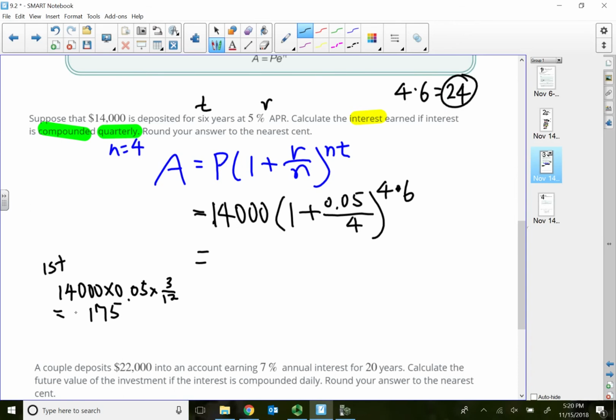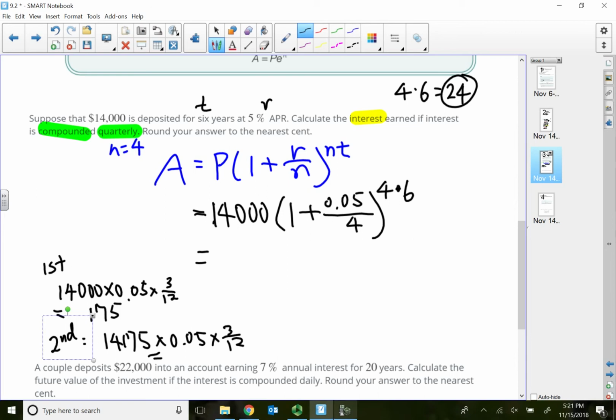Rolling over means now I'm going to take my 14,000 plus the interest I earned and go into the second time I do this computation, which will give me $14,175 times my interest rate 0.05 times my time, which is another 3 months out of 12 months in a year.